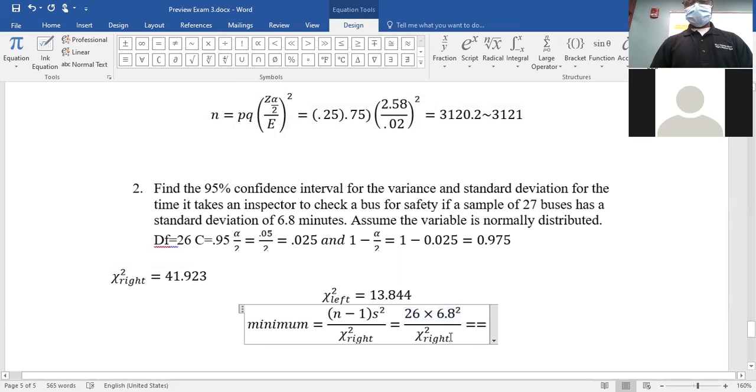And we can see chi-square right, 41.923. Which is equal to?